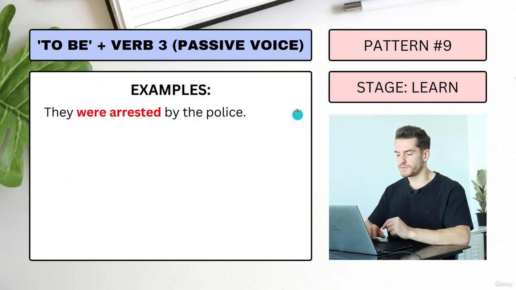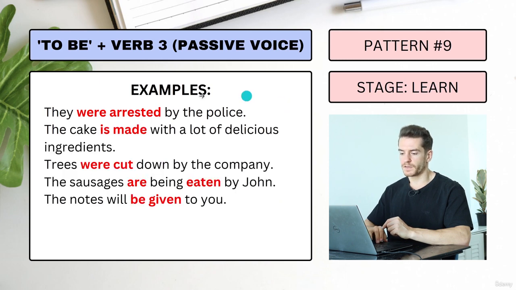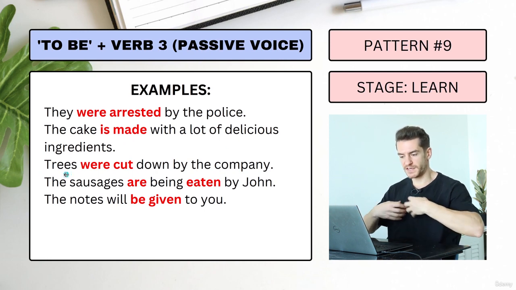Okay, let's have a look at some more examples. The cake is made with a lot of delicious ingredients. So we've got verb to be and we've got verb 3 because it's a passive voice sentence. Next one, trees were cut down by the company. So the trees are receiving the action.